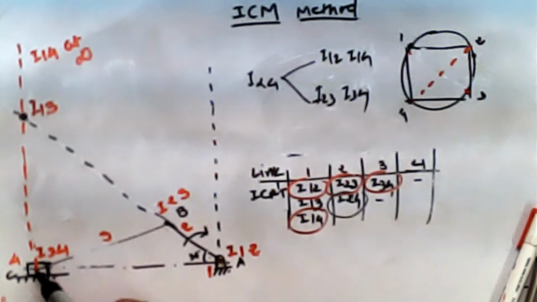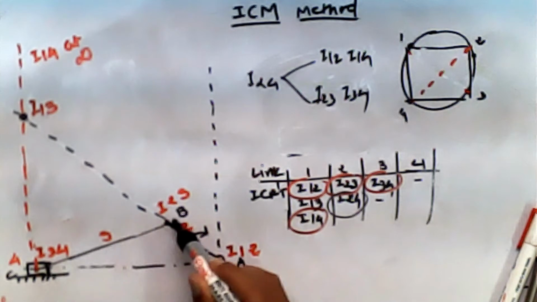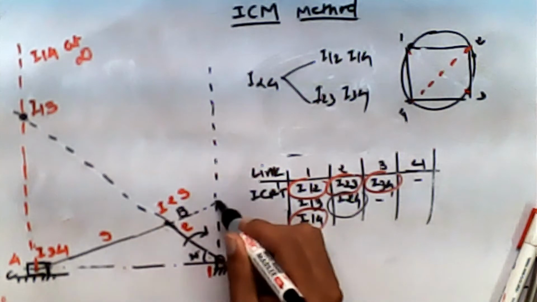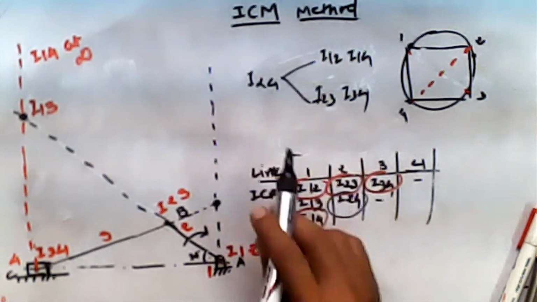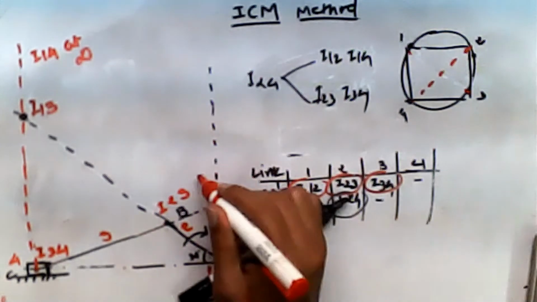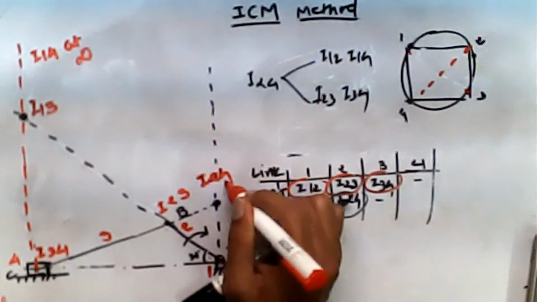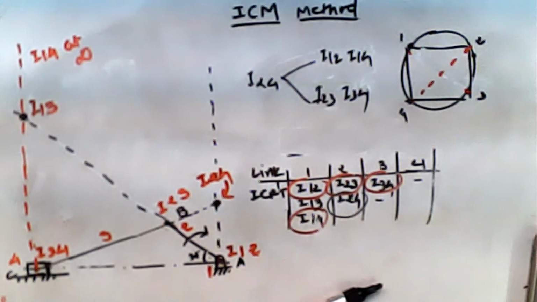If you join 2 3 and 3 4 and extend, you will get your instantaneous center 2 4 somewhere here. Again, this is neither a permanent nor a fixed instantaneous center. Is that okay?